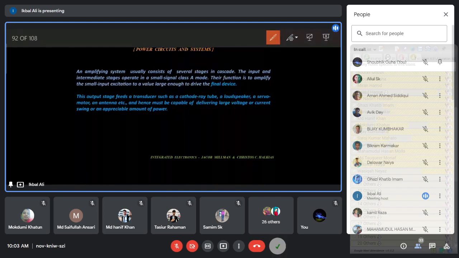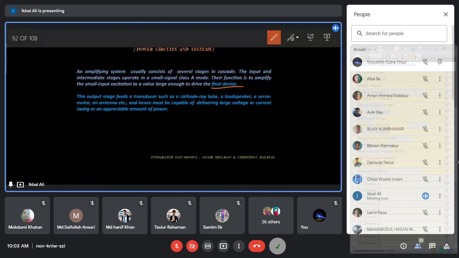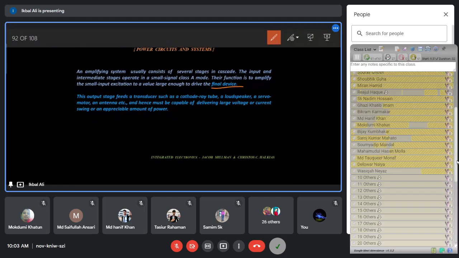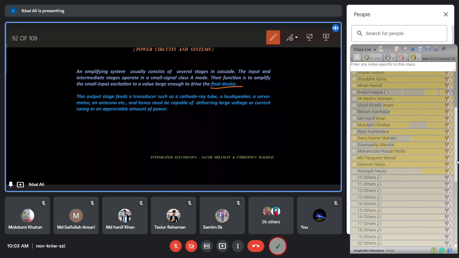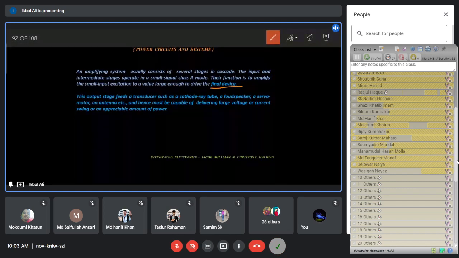This final device is important, because without it you cannot recognize the electrical signal which is coming. This is an interface between the electrical domain and your realization. If it is a voice signal, then through the amplifiers the voice signal comes in the electrical domain, and the final device, which is a speaker, converts the electrical signal to the voice signal.